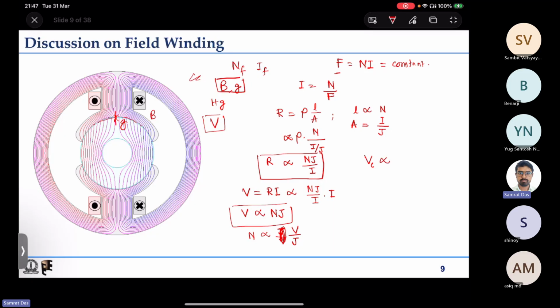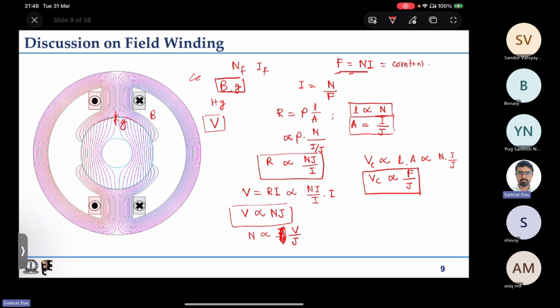So volume of copper is nothing but the length of the copper line and the cross sectional area, L into A. Now we have seen that L is proportional to N, the number of turns that we have, and A is proportional to I by J. So if we simply put it, it is proportional to N and A is proportional to I by J. So volume of copper is basically NI, that is again a constant, NI equal to F. So F by J. So volume of copper is inversely proportional to the current density. That is another relationship that we have obtained.